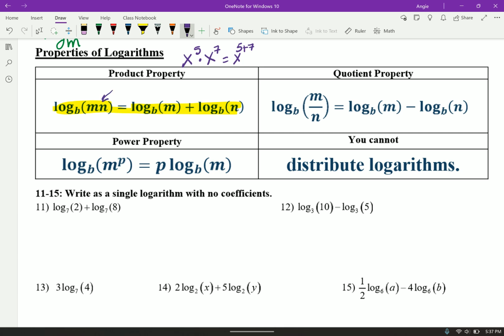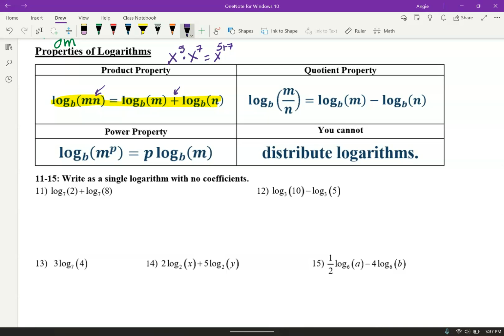Well, similarly in log, if we have log base b of m times n, then we are going to be adding log base b of m plus log base b of n. Now, for division, log base b of m divided by n becomes a subtraction problem, so that equals log base b of m minus log base b of n. We also have a power property in log.